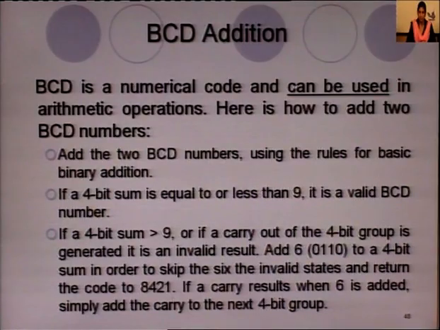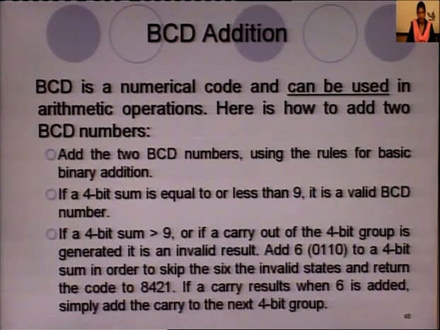Then if the 4-bit sum is equal to or less than 9, it is a valid BCD number, because the range of valid BCD numbers is from 0 to 9. If a 4-bit sum is greater than 9, or if a carry out of the 4-bit group is generated, it is an invalid result.